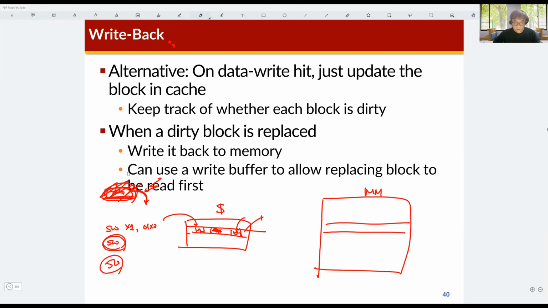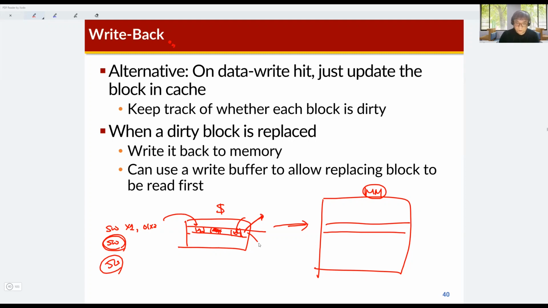So with the write-back method, the updated cache line is reflected to the main memory when the corresponding cache line is evicted from the cache.